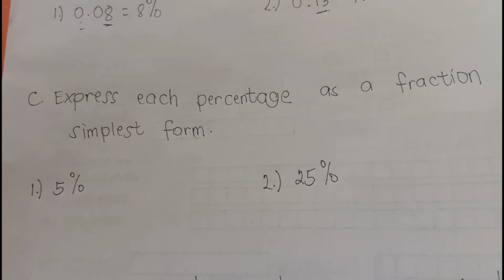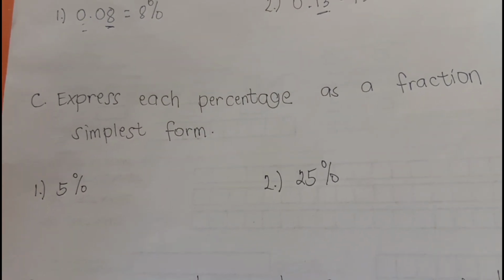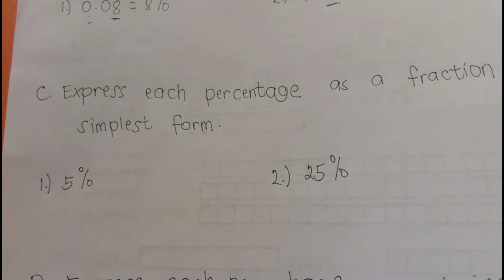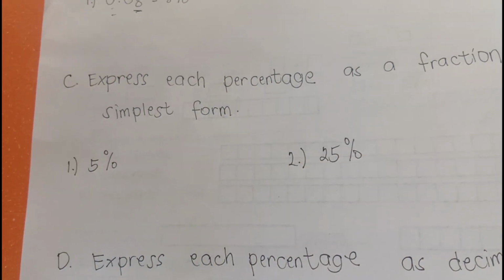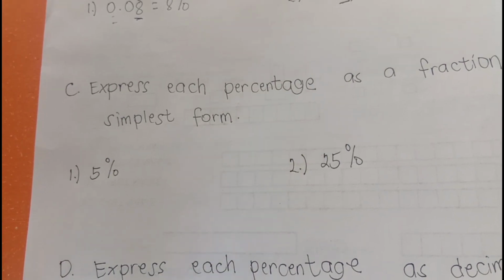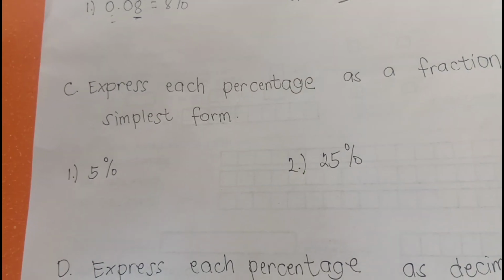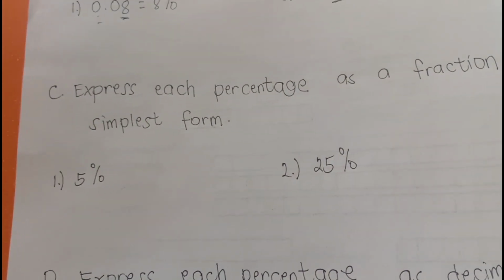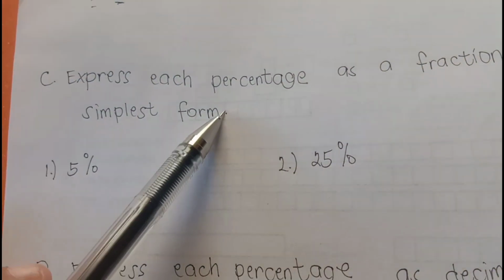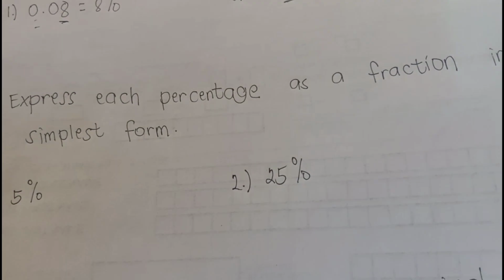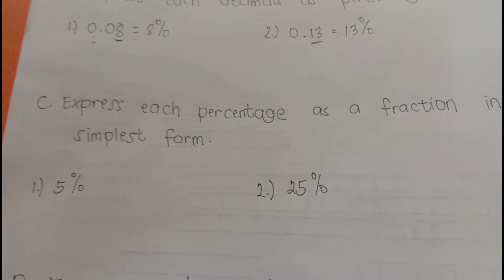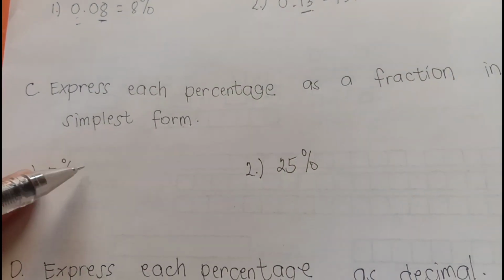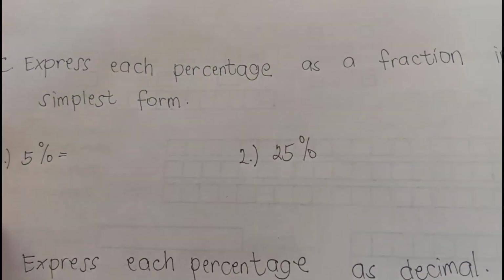So how about letter C? Express each percentage as a fraction in simplest form. Lately we went from fraction to percentage, then decimals to percentage, and now it is from percentage to fraction, then write it in the simplest form. Here, 5%: percentage to fraction.